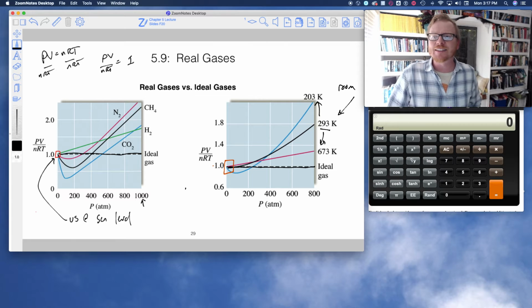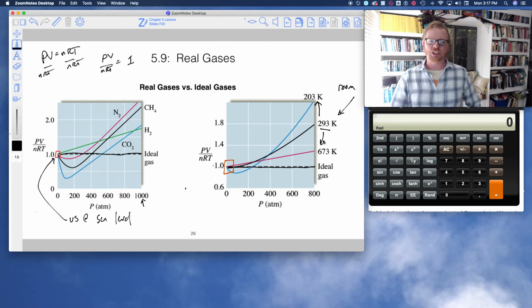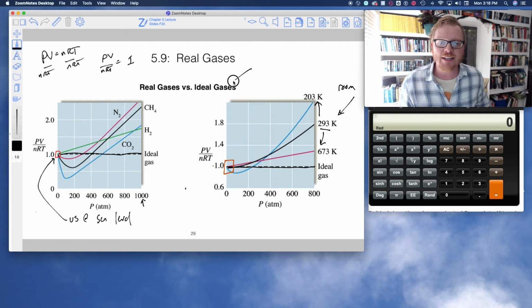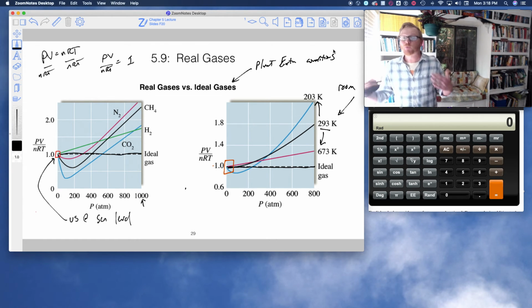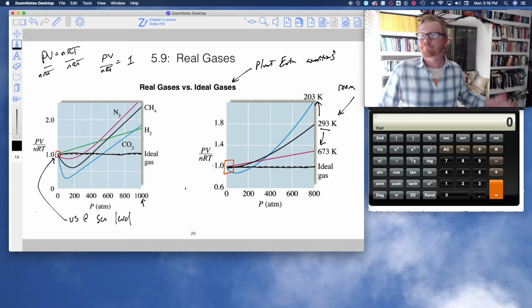So really, it's kind of a coincidence that ideal gas behavior occurs around Earth conditions, okay? Ideal gases are really like planet Earth conditions. And that's because under these conditions is where we figured out all these laws, right?